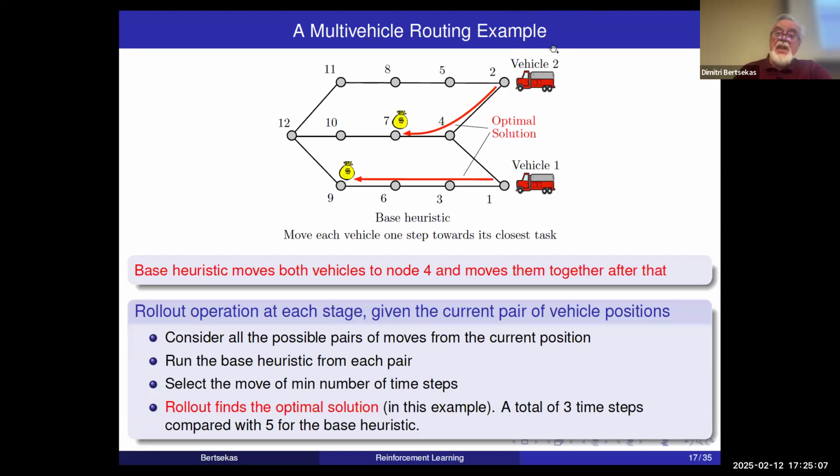There's another clever trick, however, which we're going to talk about later, that you can use multiple heuristics. Instead of using one single heuristic, you can simultaneously run multiple heuristics from the same position, from the same state, and then choose the Q factor that's the smallest. That will do better than all the base heuristics. That's the cost improvement property.